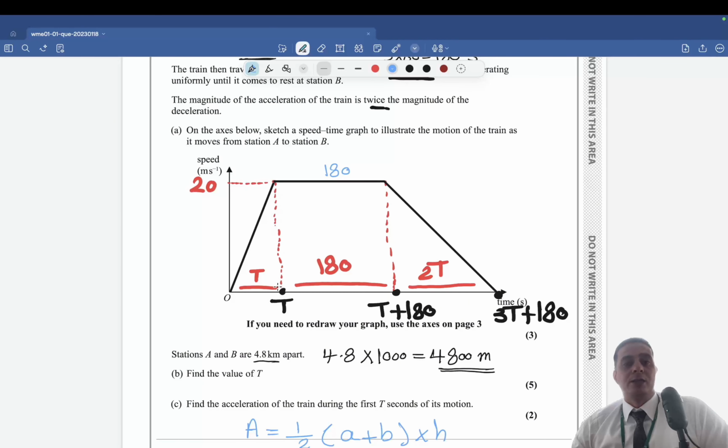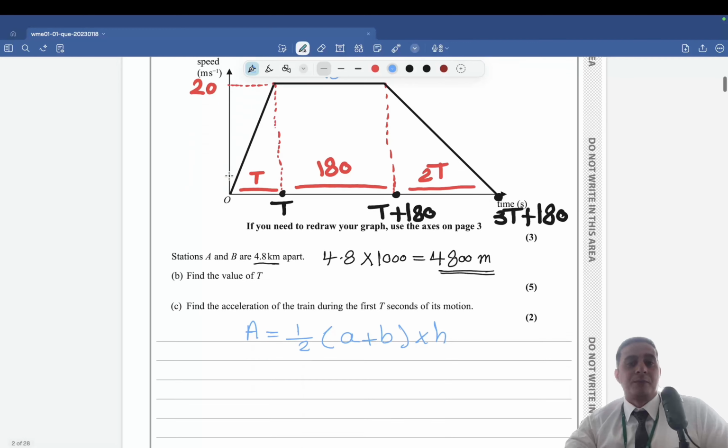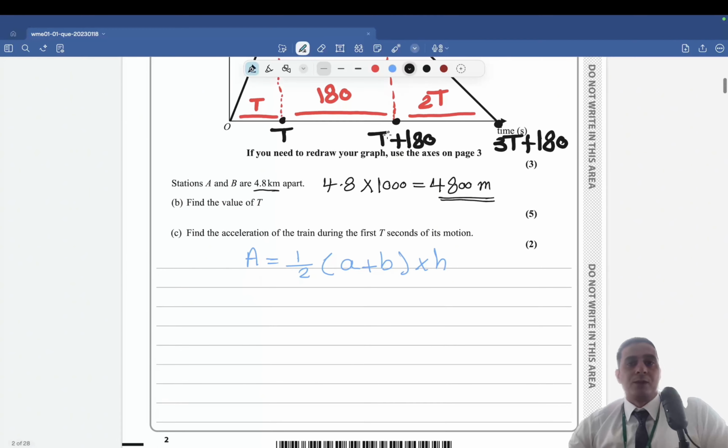Our height will be 20. So now we have 1 over 2, a, which is 180, b, 3t plus 180, multiplied by the height, which is 20, equals the distance between the two stations A and B, which is 4,800. Let's solve this equation for t.